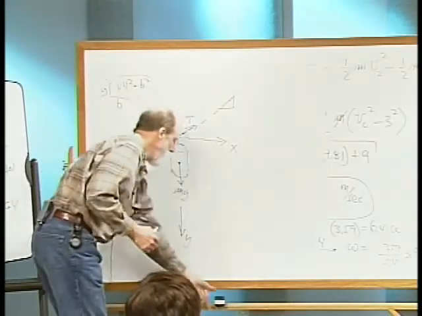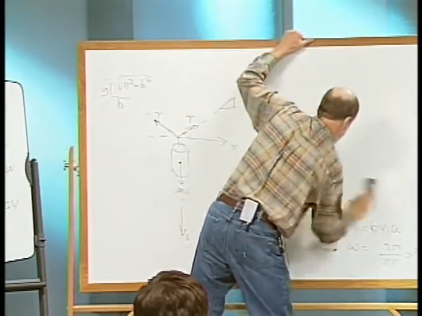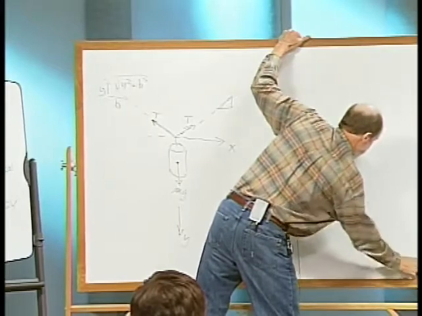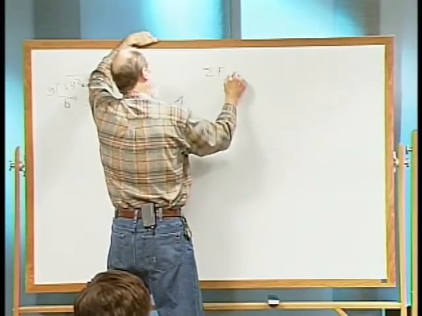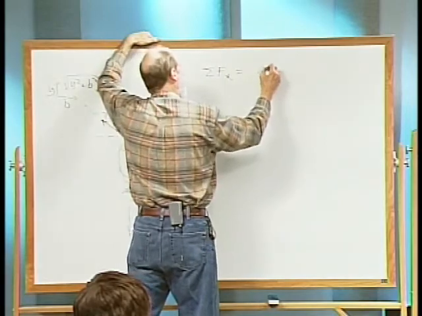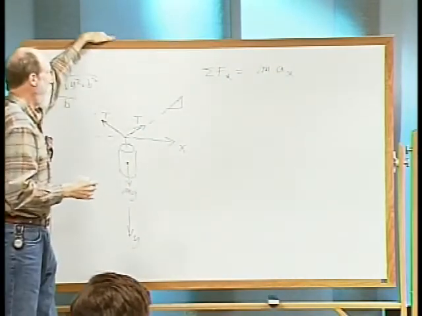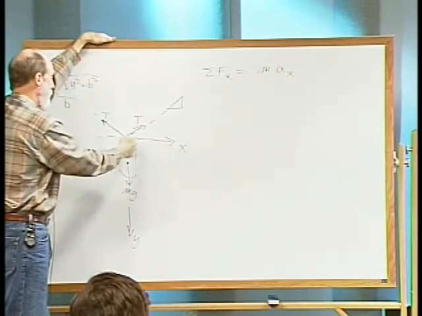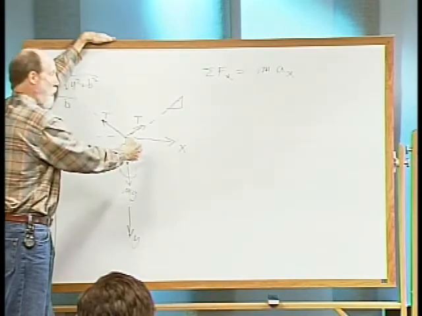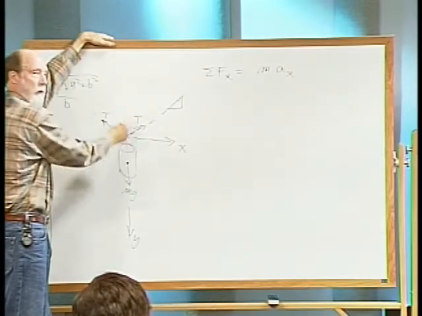So if we write sum of forces, sum of forces x must equal mass times acceleration x. Does this body accelerate to the left or right? No, because of the frictionless pulley, this thing remains in vertical motion, doesn't it?